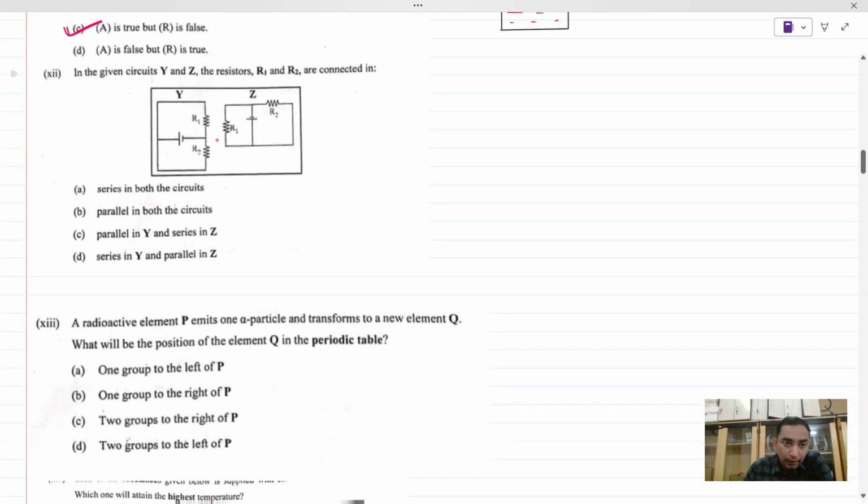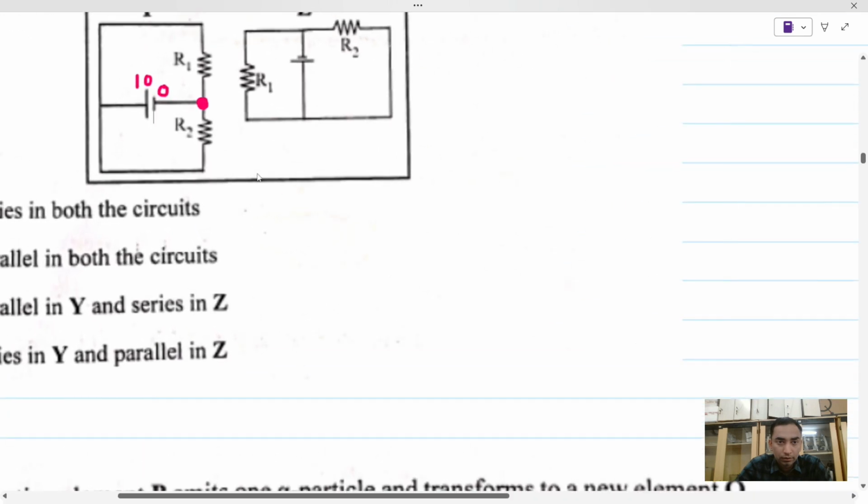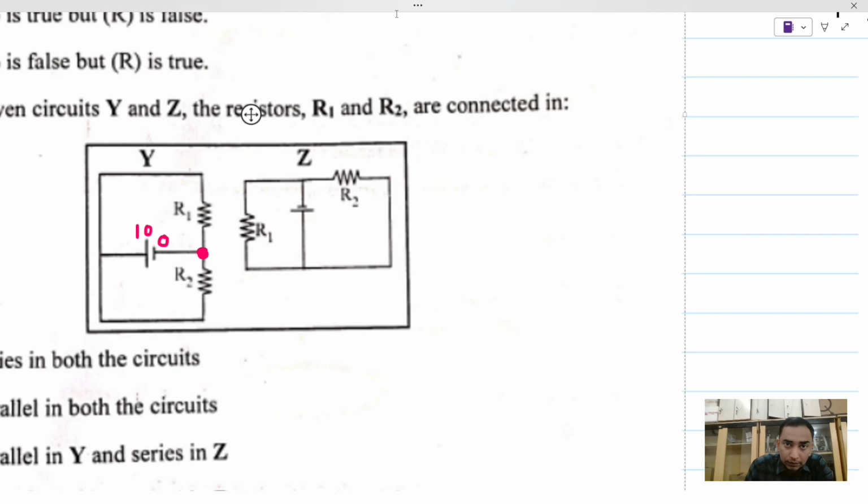Now, as I can see very clearly, suppose let me take the battery as 10 volt. That means the smaller terminal is at 0 volt, the bigger terminal is at 10 volt. Okay, let me enlarge this. Now see, if this battery is 10 volts, so this is 10, this is 0, and wherever it touches, that becomes 0, and this part becomes 10 volts.